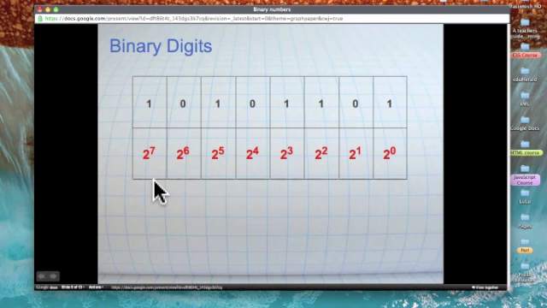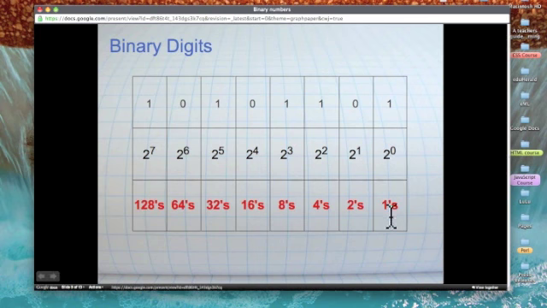Okay? So, let's move on. 2 raised to the 0th power is 1, as is any number raised to the 0th power. So I have, in this rightmost column, 1. I have 1 unit of 1.